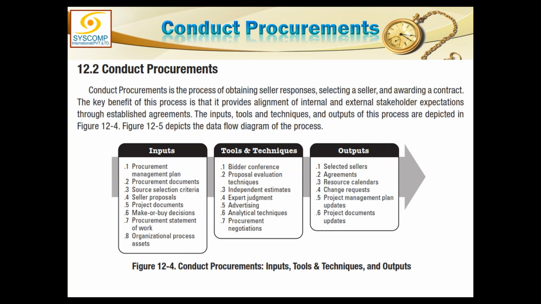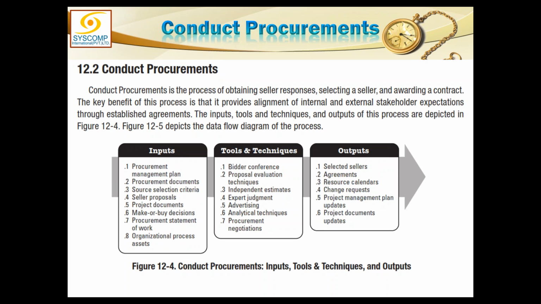Ultimately we negotiate the procurements and finally award the agreement or contract to the seller. So the seller is selected in output, the agreement is awarded, and resource calendars are available, with the dates when the job on this subcontract will be done.